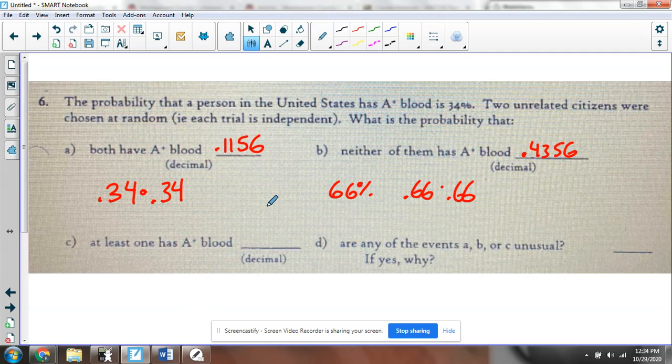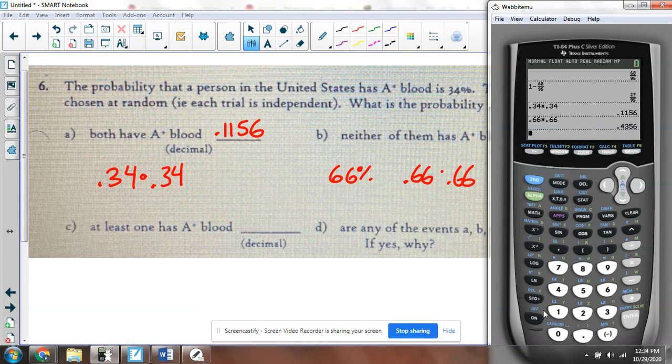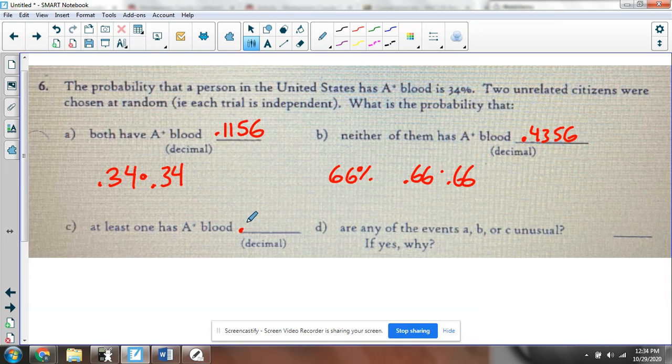At least one has A positive blood. So if neither of them have A positive, the opposite of that is at least one has A positive. Okay? So just like the last problem, I'm just going to take this answer and subtract it from 1. So I'll do 1 minus my previous answer. I get 0.5644.